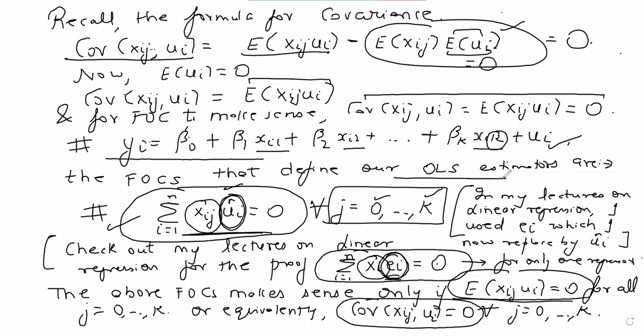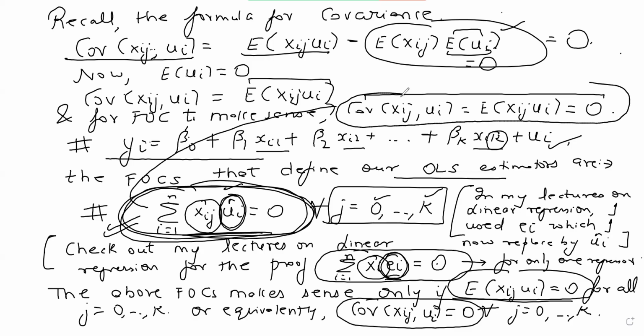Remember the normal equations we had derived for the OLS estimators in the basic lectures on simple linear regression. Those normal equations hold true only when summation xij ui hat is equal to 0. And this happens only when covariance of xij ui, which equals expected value of xij ui, is equal to 0.